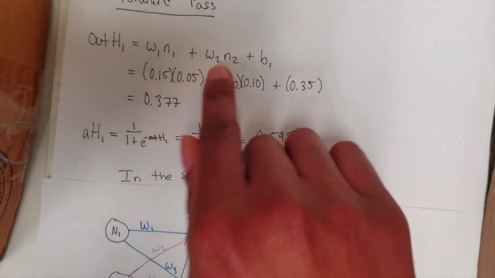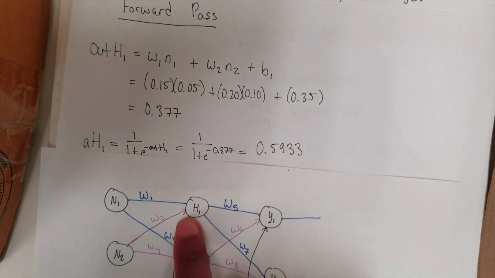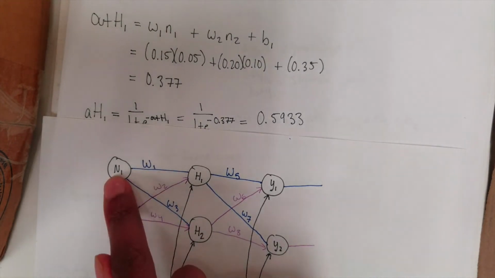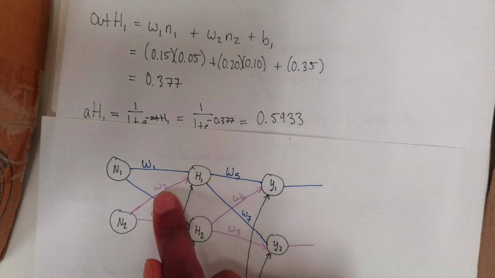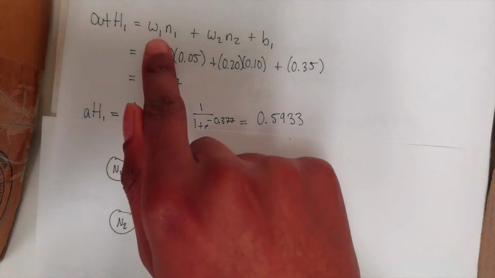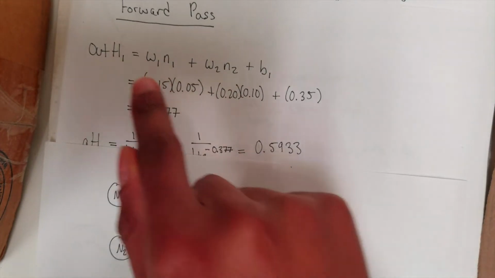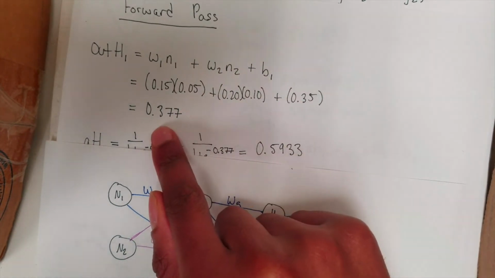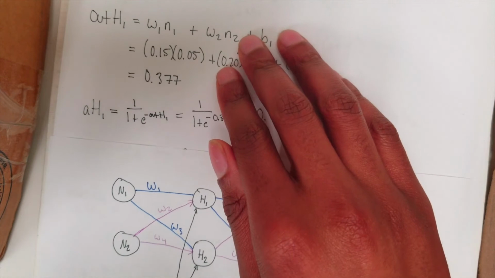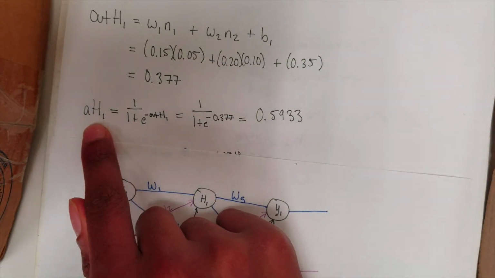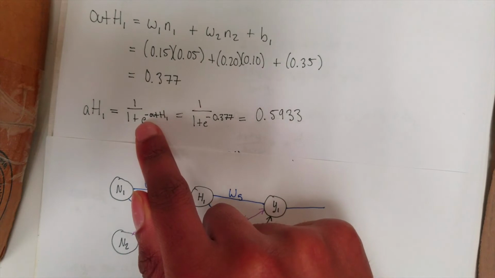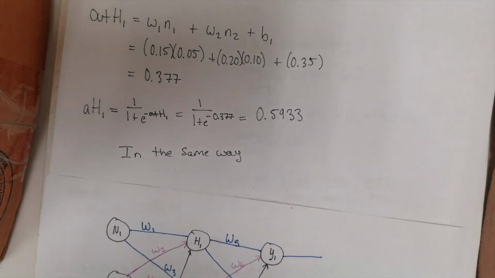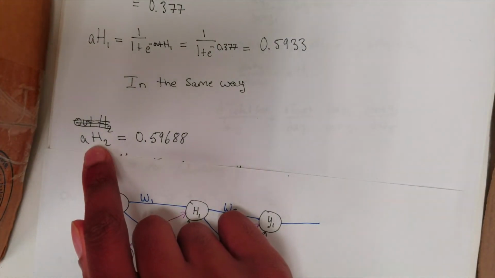To calculate the output of H1, it will be N1 times W1 plus N2 times W2 plus B1. That gets you 0.377. Then the activation of H1 is the output of H1 wrapped inside the sigmoid function, which gets you 0.5933.